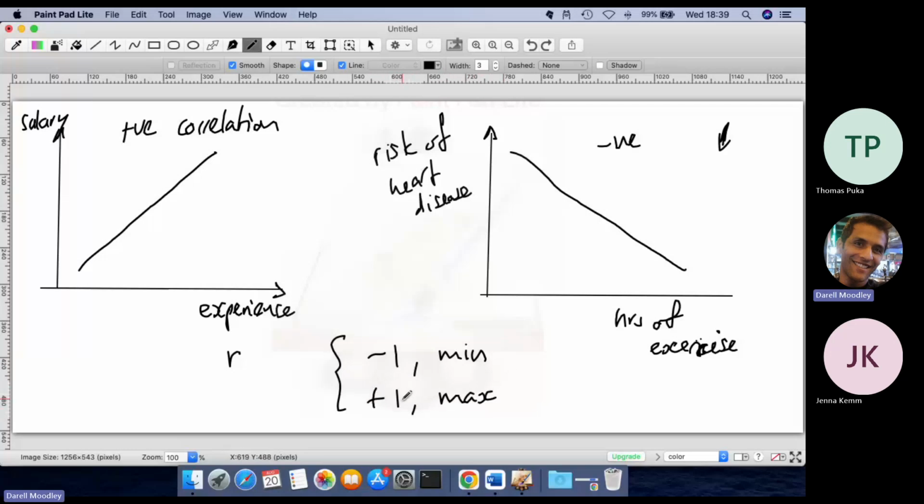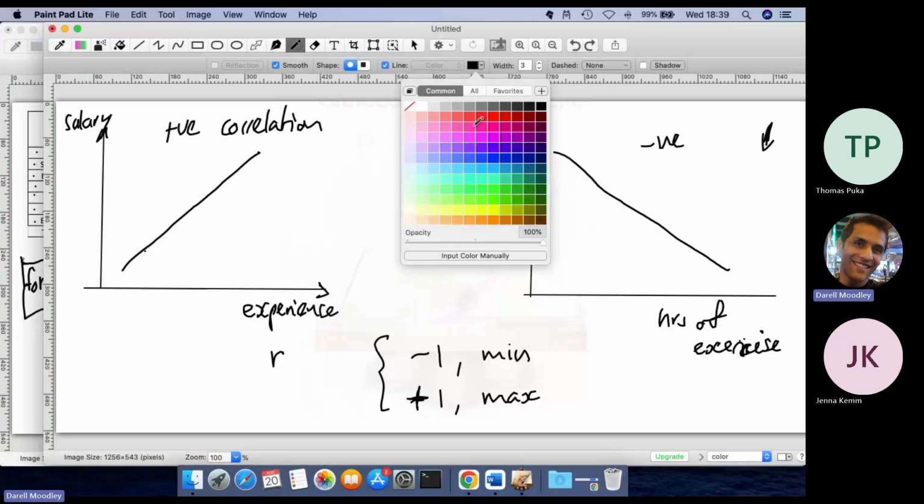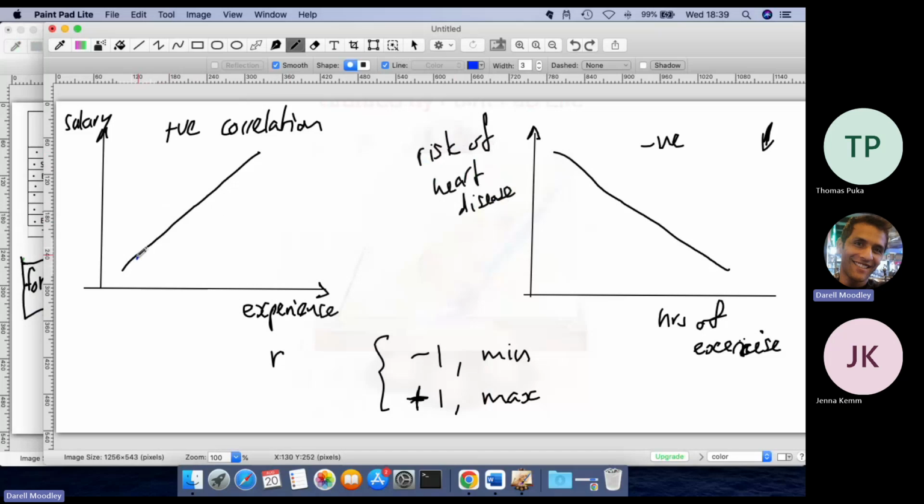Now, when it's +1, it's saying it's positively correlated, as the sign says. But the 1 means it's very strongly correlated, or almost perfect correlation. What that basically means is that for those data points that I showed you earlier, the blue points, the points are perfectly on the straight line like that.